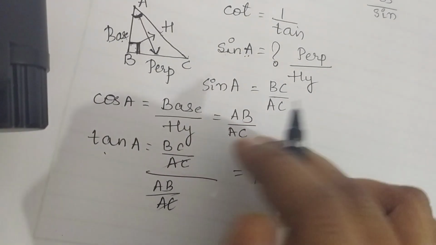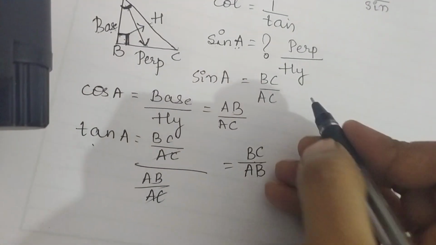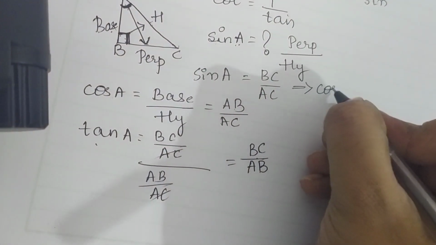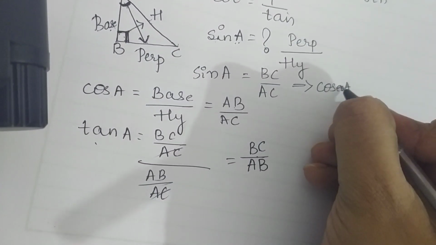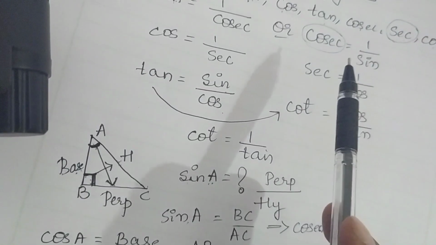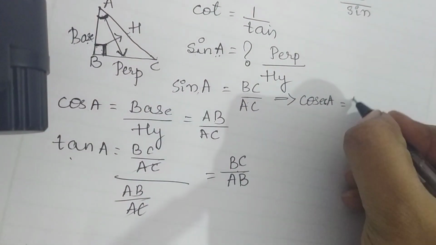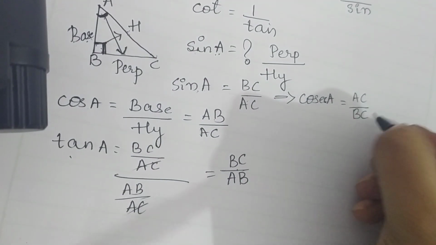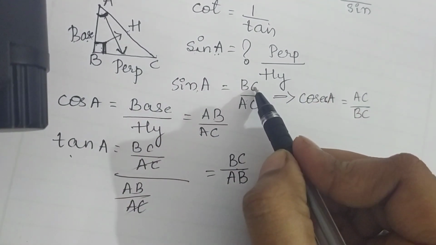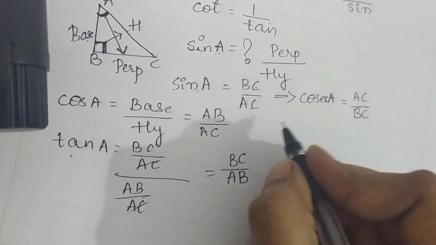Based on this we can find cosec. Cosec A is equal to the reciprocal of sine, that is AC upon BC. The numerator BC becomes the denominator, and the denominator AC becomes the numerator.